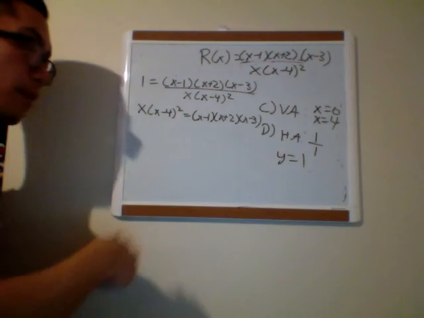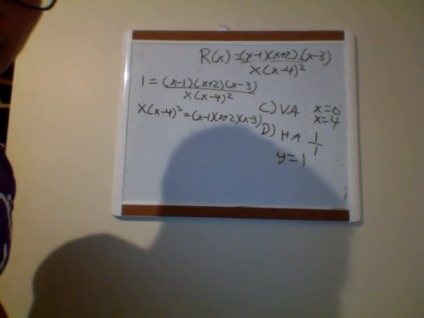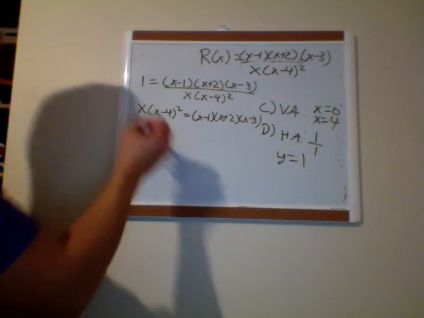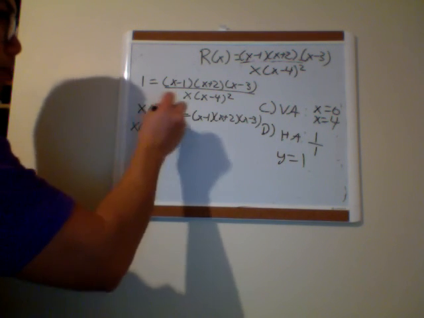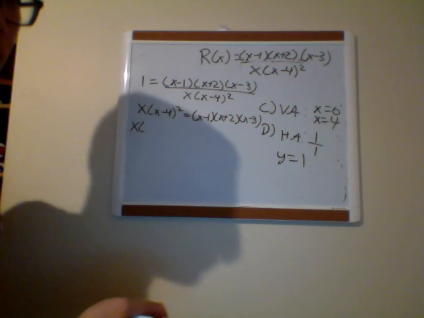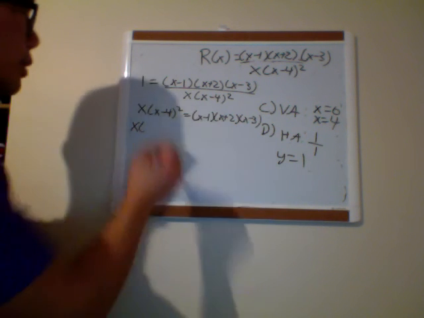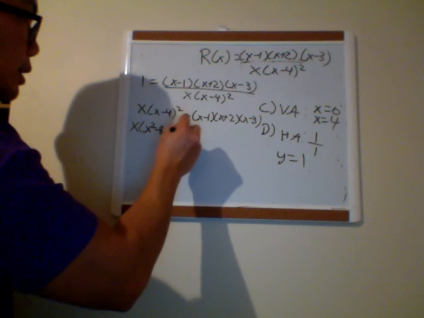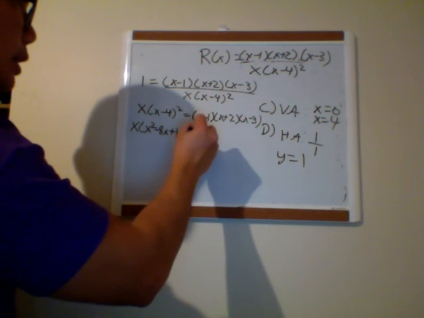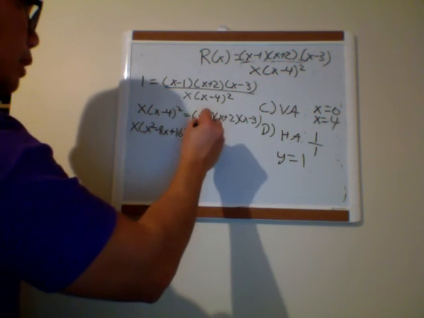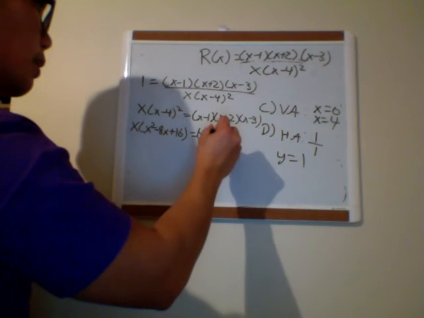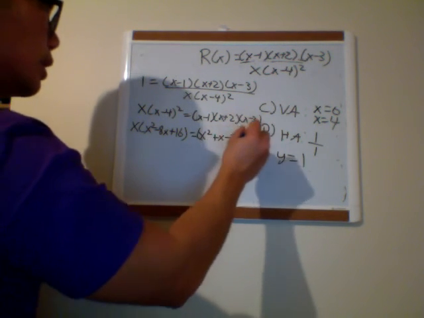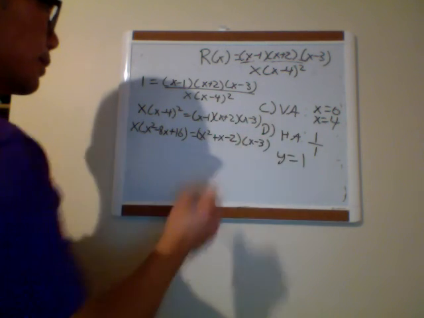What I'm actually going to do is perform all of the multiplication here because I want to see if I could cancel things out. So this is x times, and x minus 4 squared is binomial multiplication. It's x minus 4 times x minus 4. So this is x squared minus 8x plus 16. And this becomes x squared plus x minus 2 times x minus 3.